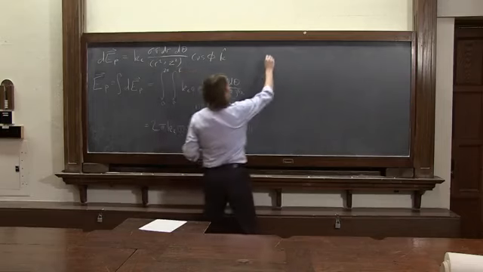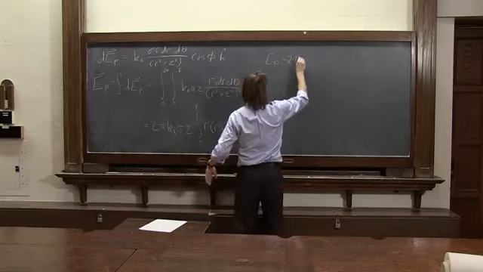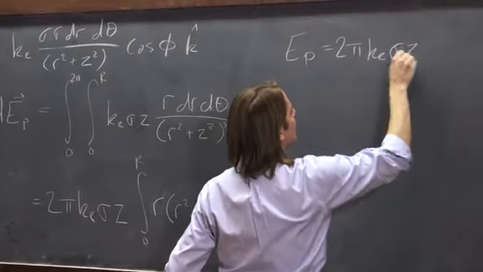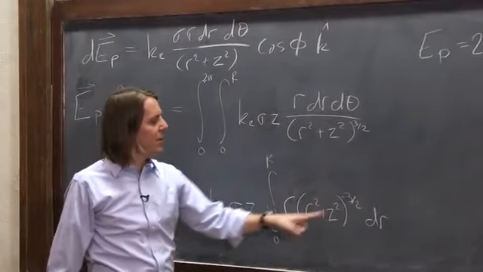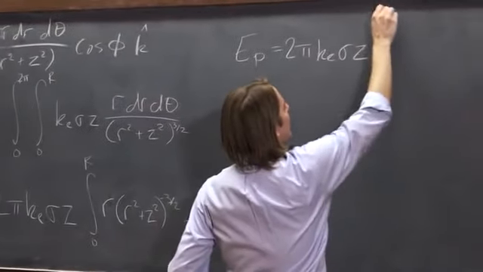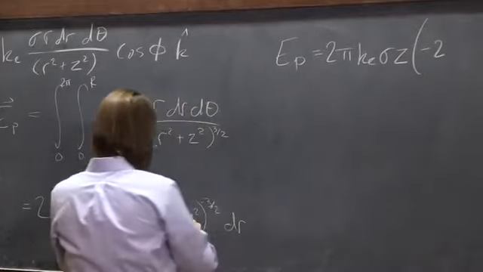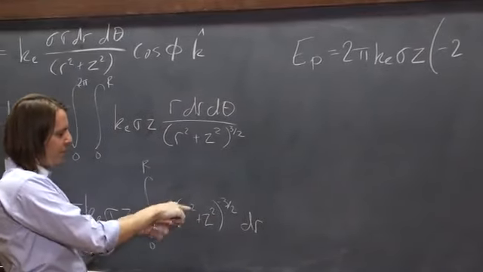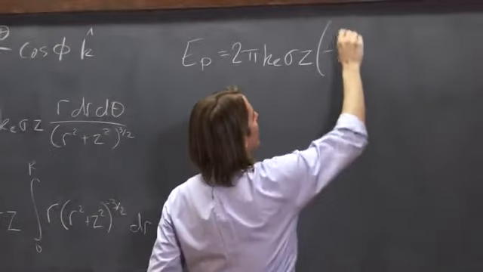Okay, so if we keep going then, E_P is, let's keep our constants, 2 pi Ke sigma z. And if we want to integrate this, this one's actually doable. Minus 3/2 becomes minus 1/2. You divide by that, that becomes minus 2. And then you also divide by the derivative. You divide by 2r. The r goes away, so you're also multiplying it by 1/2.